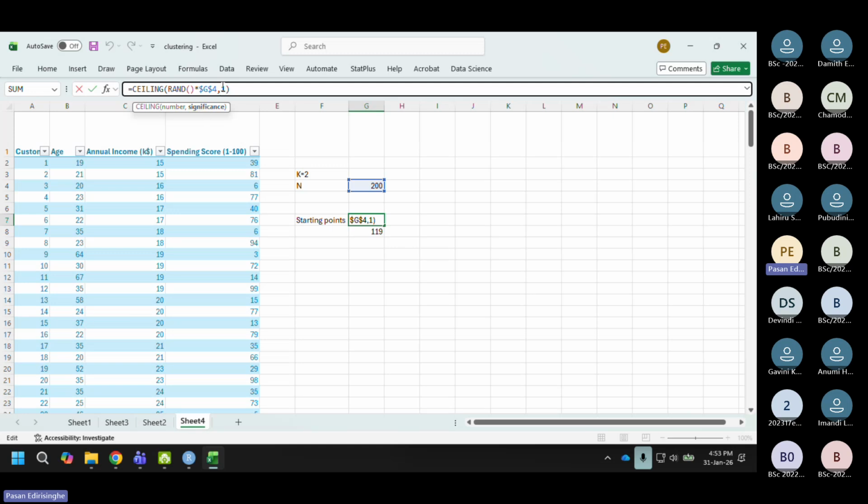Only up to 1 means only the integer values.